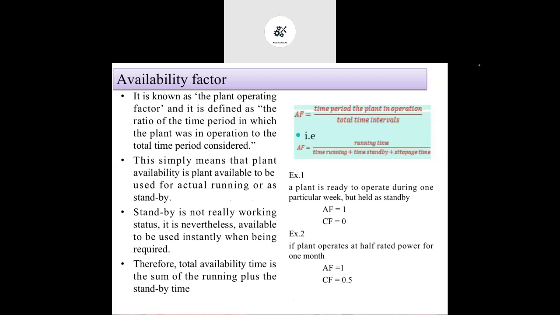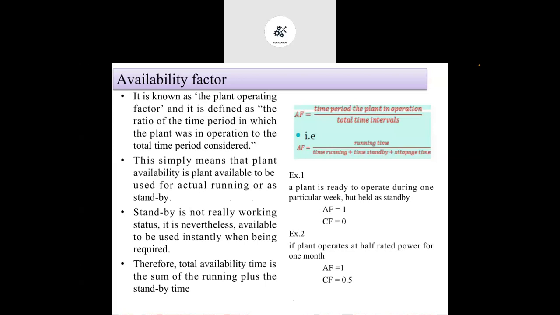Now, you will say, generally the power plant will work during all that time period, or over the years, right? But there are some time periods in which the power plant is not working, like the stoppage time. Because of the failure of any component, sometimes we have to shut off the power plant. Sometimes the plant runs out of fuel, so in that case also we have to shut it off.